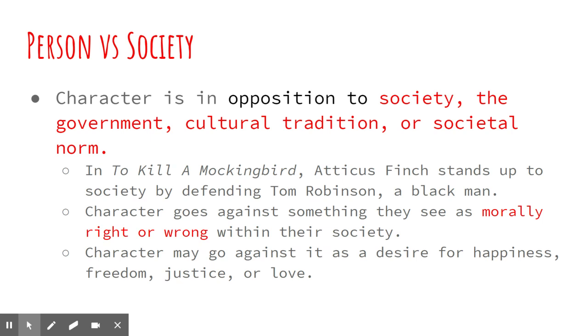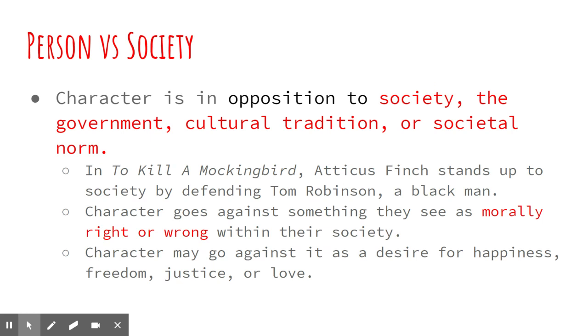Characters might go against it as a desire for happiness, freedom, justice, or love. So, different groups like Martin Luther King, when they were marching for civil rights, that was an example of man versus society.